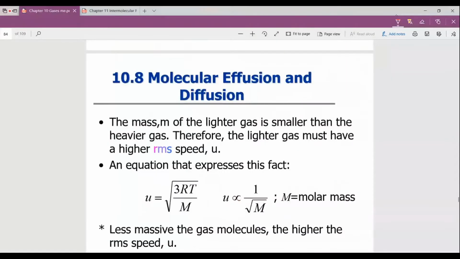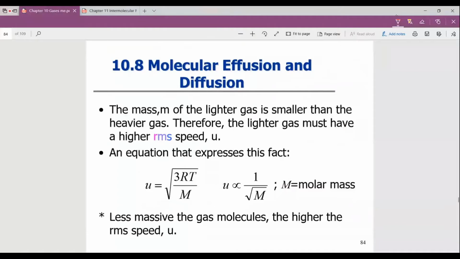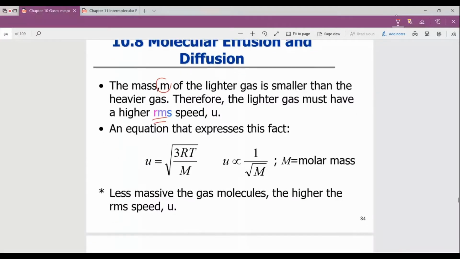Okay, so the mass M of the lighter gas is smaller than the heavier gas. Therefore, the lighter gas has a higher RMS value. And the RMS speed u equals the square root of 3RT over M. This is the formula. You must remember this formula.